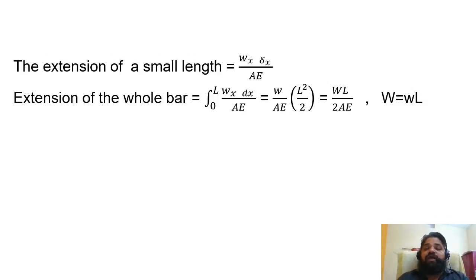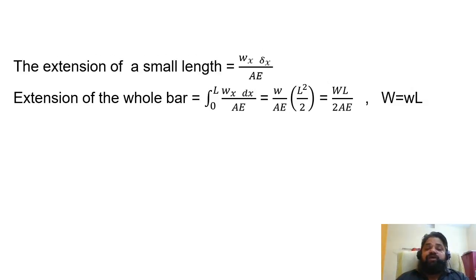If I put W into x into dx, then W by AE will come out, and x dx if I integrate, I'll get L square by 2.